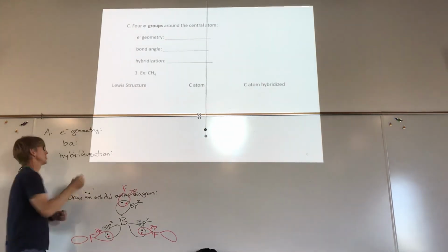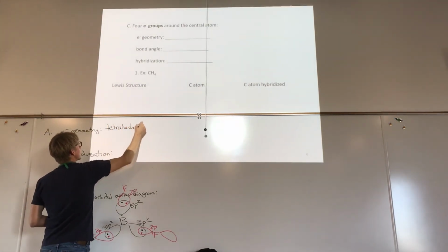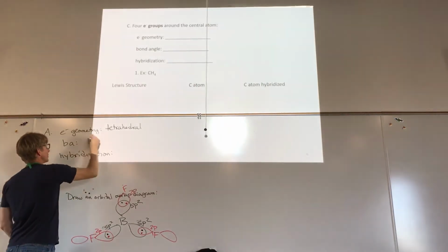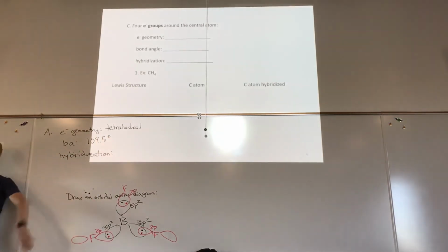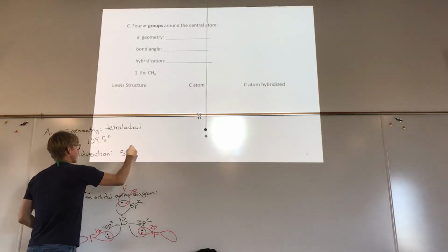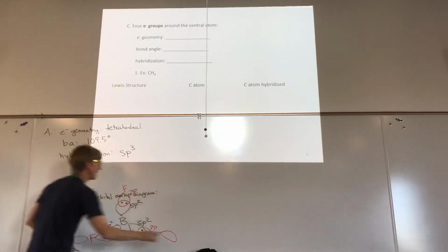It is tetrahedral. Bond angle for tetrahedral, anybody? 109.5 degrees. 4 electron groups, 4 hybridized orbitals, sp3 hybridization. sp3 orbitals. All right.